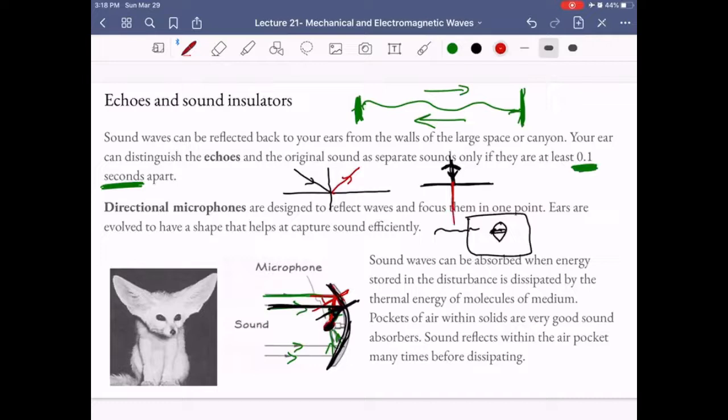It would just carry on in a straight line. So this is the only case when, although sound waves or light waves, whatever they are, still speed up in the second medium, they don't change direction. So when sound or light waves are incident at a right angle to the surface, they carry on in a straight line.